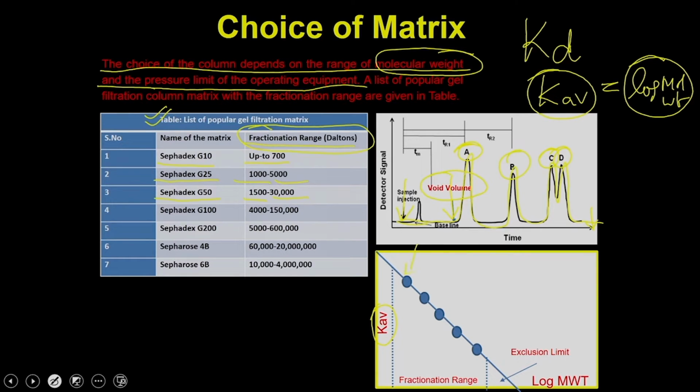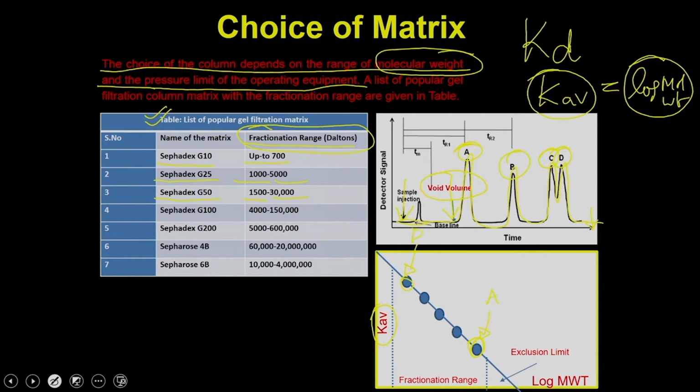So, this is the first protein, and this is the last protein that you are fractionating in this column, the protein coming just after the void volume. So, this is protein A and this is your protein D.